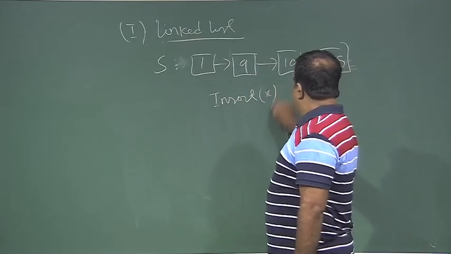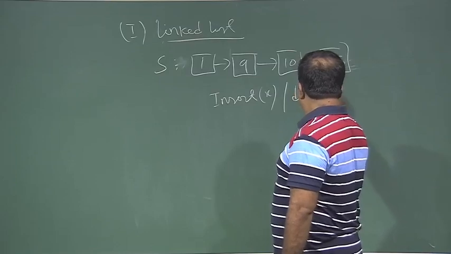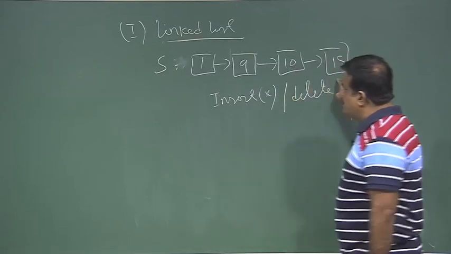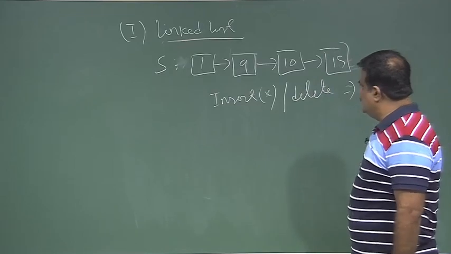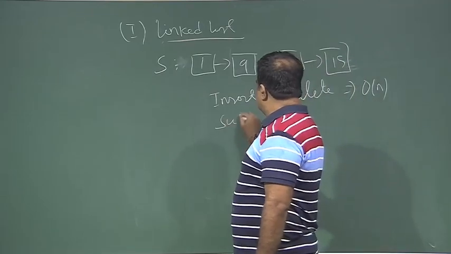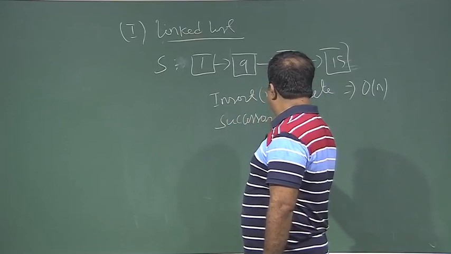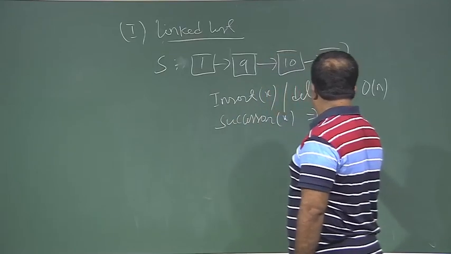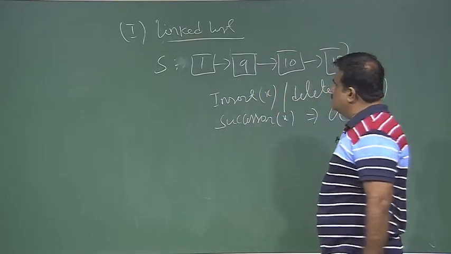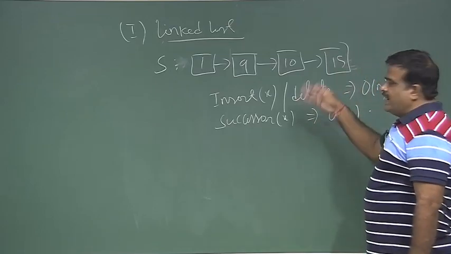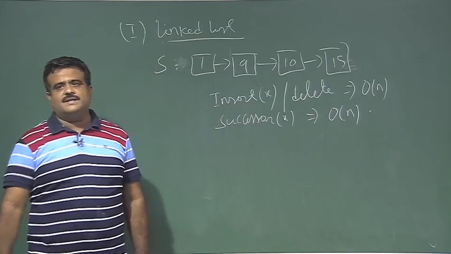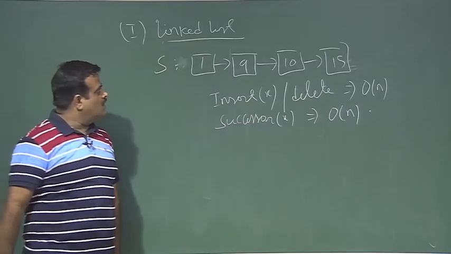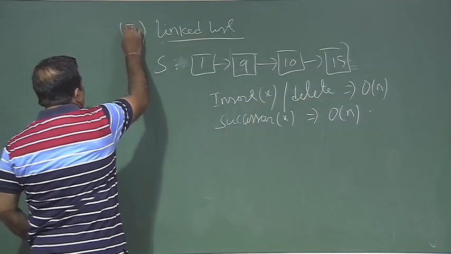For delete, we have to search for that element. So all this will take order of n, and successor or predecessor will also take order of n, because we need to find the next element. Okay, so this is the second option, linked list.